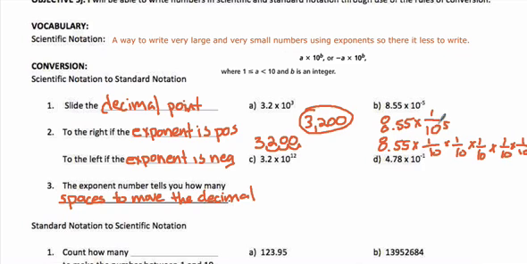That's what's actually going on here. So each time I'm actually dividing by 10. And when I divide by 10, that's going to move my decimal point to the left instead of the right. So that's where it comes from.